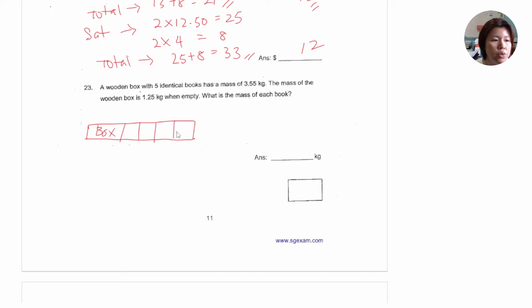1, 2, 3, 4, 5. So this is 3.55 kg. So my box itself is 1.25 kg. So I can find my books, 5 books. So 5 books is 3.55 minus 1.25.